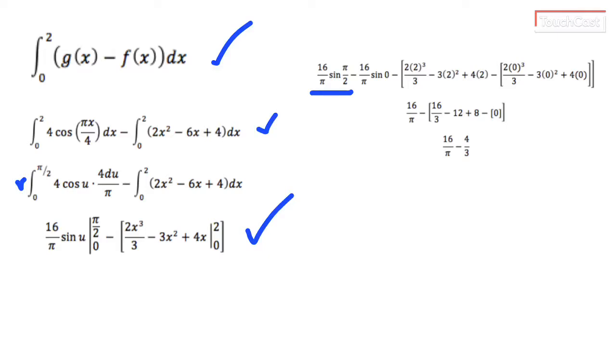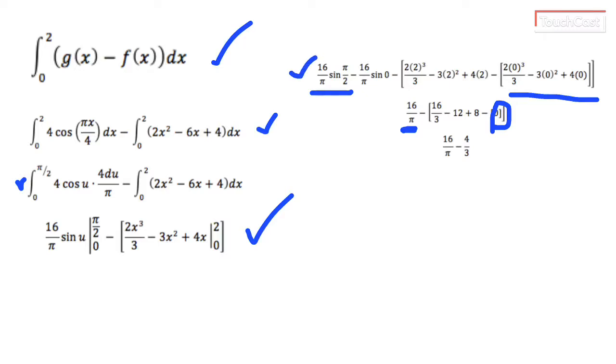Sine of 0 is 0, which is how I end up with just 16 over pi and nothing else there. I'm going to have to evaluate that polynomial antiderivative at 2 and at 0. Luckily at 0, I get just a whole bunch of zeros, so that's going to cancel out. So final answer, 16 over pi minus 4/3.